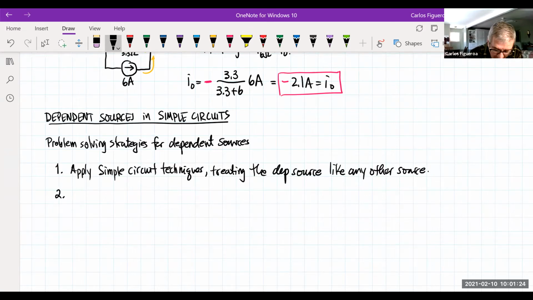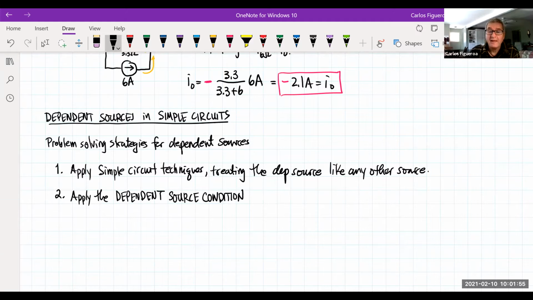And then I have my own language. If you Google this, you're not going to find this language. But it's a systematic way of you and I communicating with each other. Then I say, do the following thing. Apply the dependent source condition. And typically, what I really call this is the DC, the dependent condition.